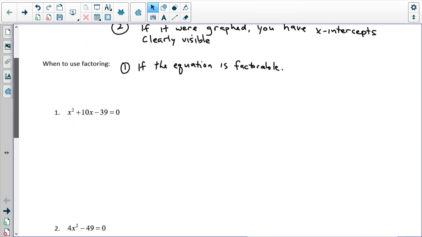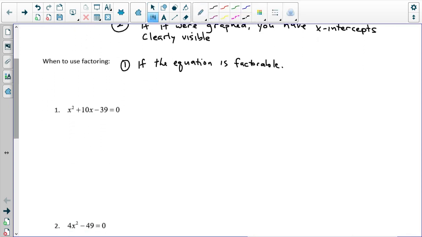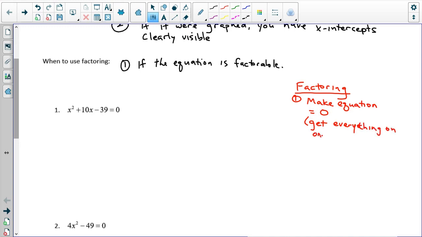So once again, just a couple reminders before we go into it. If we are factoring, we have to make the equation equal to 0. So in other words, get everything on one side. Then we usually want to look for the GCF, if there is one.